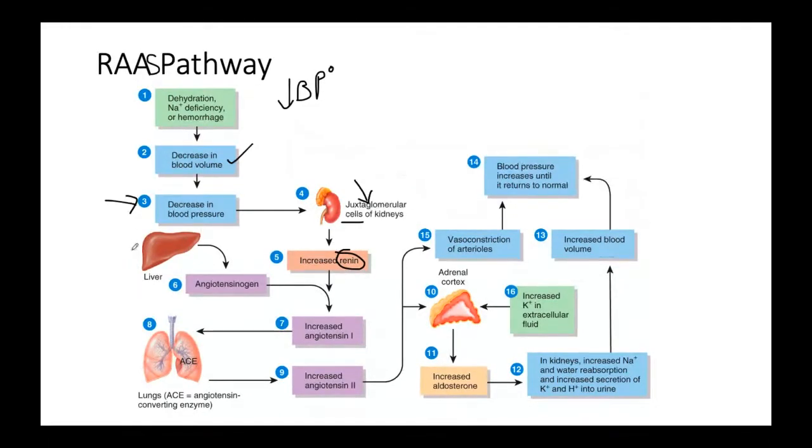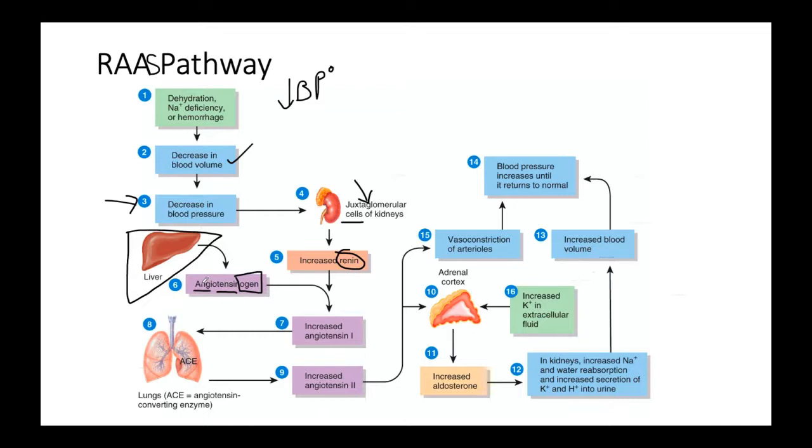Renin is going to have an impact on something that the liver makes. Well, what is it that the liver makes? The liver makes something called angiotensinogen. Now, you've heard me say this before, that anything that ends in ogen means it's inactive. So angio is blood vessel, tensin from tension.